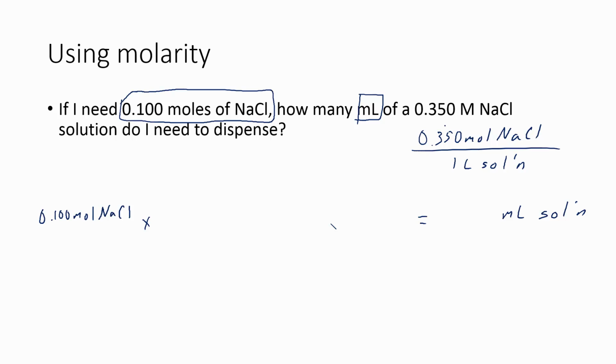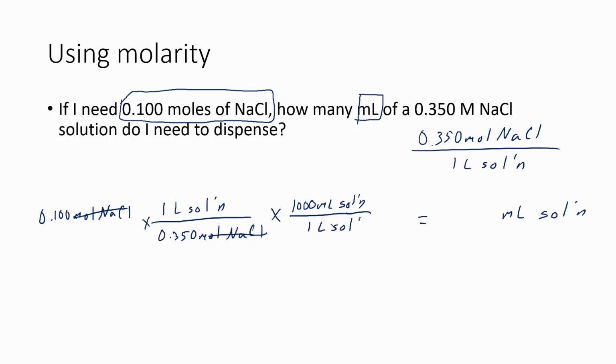So I've got to get closer to that. Well, I've got moles and liters of solution here, so I can use that conversion. Liters on top because that's what I want. Moles on the bottom because that's what I want to get rid of. Excellent. And now that moles of sodium chloride have canceled, I have liters of solution. So that means 1,000 milliliters of solution for every 1 liter of solution, just converting to milliliters from liters. Liters of solution cancel. I'm left with milliliters of solution.